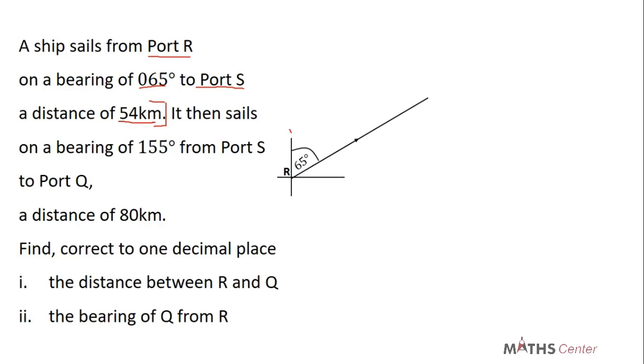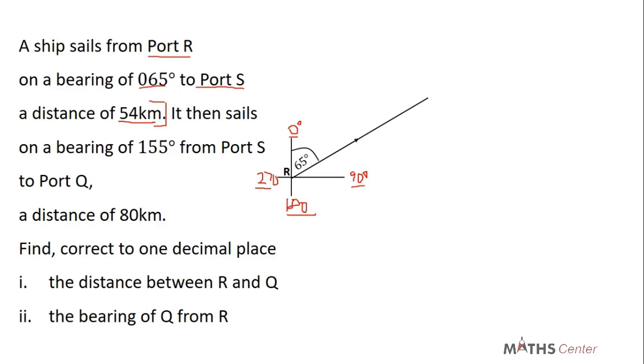Here is 0 degrees. Here is 90 degrees. Here is 180. And here is 270. Okay, so here is 0, 90, 180, and 270.